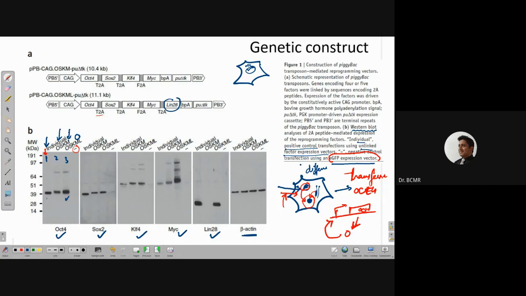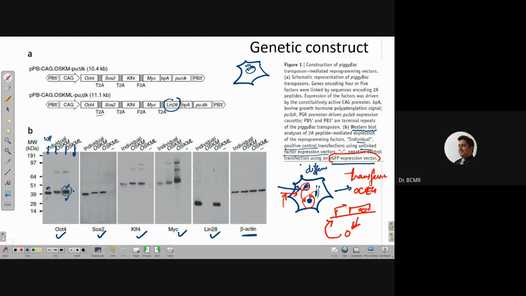I can only say that if I have added an equal amount of protein sample in each of these lanes, say I used 10 micrograms in each of all the lanes, and then I see that here it is more and here it is less than the control, that would mean that in that case the cells have higher expression.